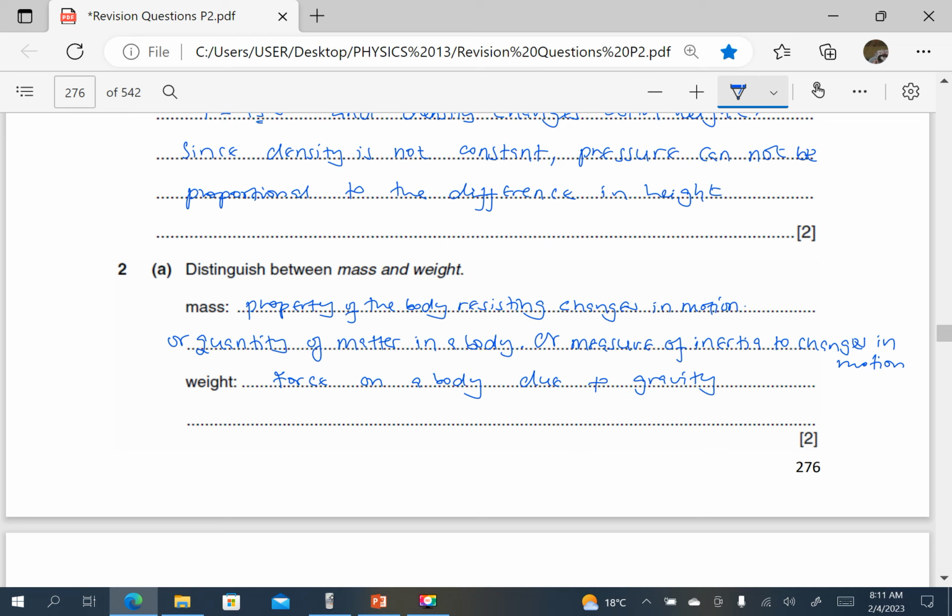It is the force on a mass due to the gravitational field. That is weight. The pull of gravity on an object, that is what we call the weight.